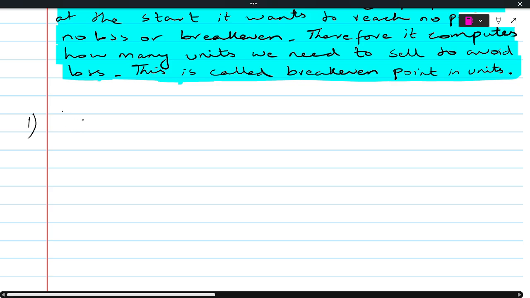Okay, so first of all, how do you calculate the break even point in units? In units, that how many units do I need to sell in order to achieve the break even?